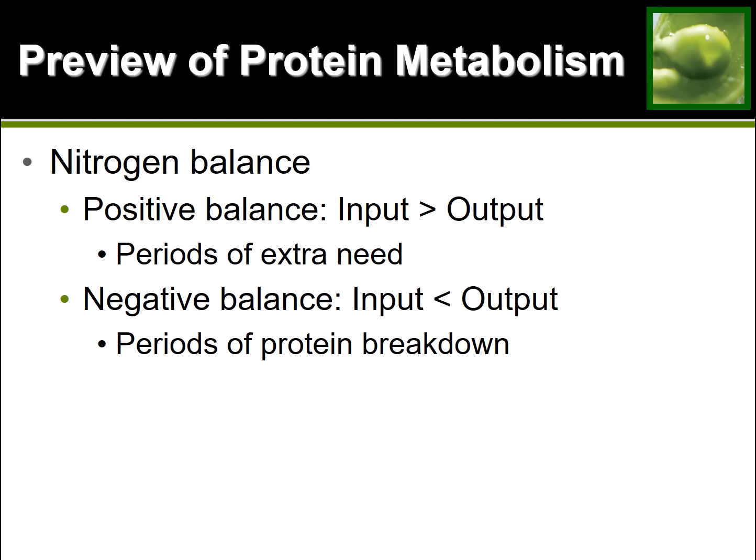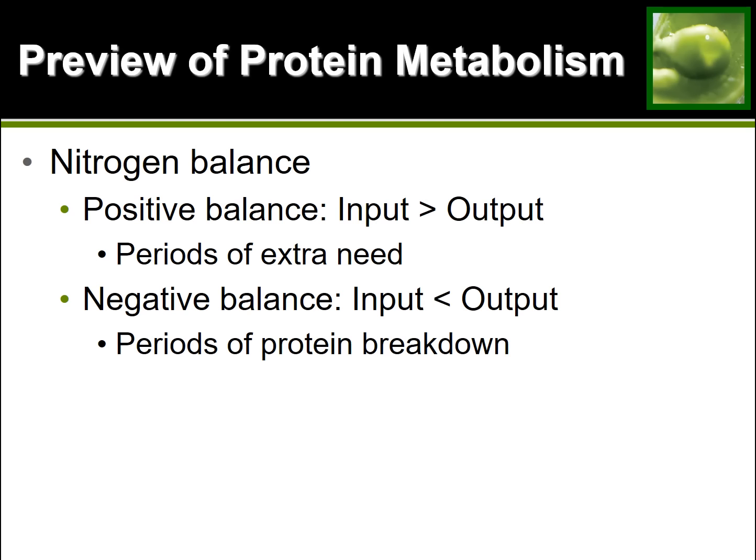So, for example, if you are going through a growth spurt or it's a child that's still in its growth process, they are going to be using up every little bit of protein that's put into their body. So we're putting in a large intake, but then we're not having much, if any, output because the body has used it all. It's not releasing it. And so our intake remains higher than our output.